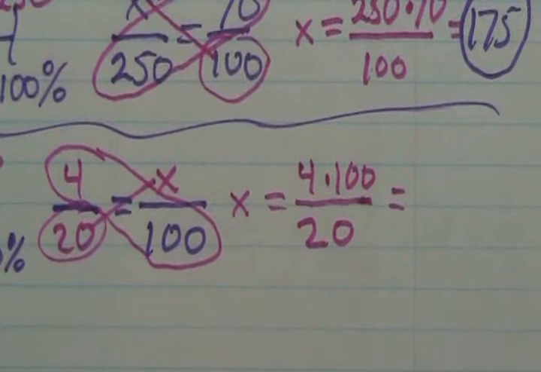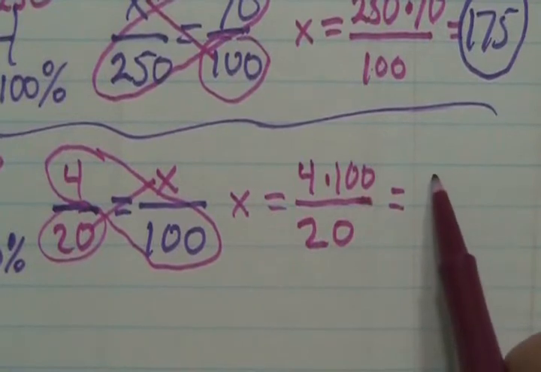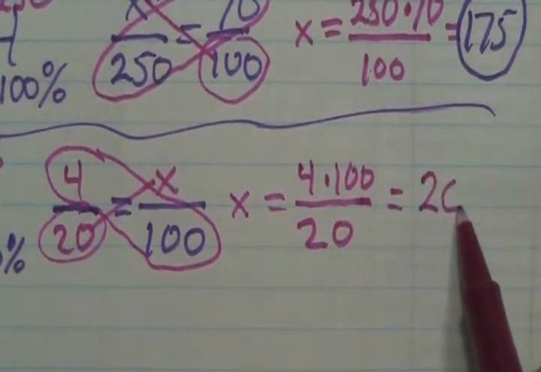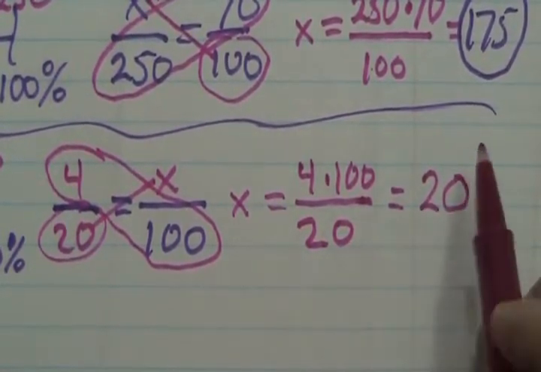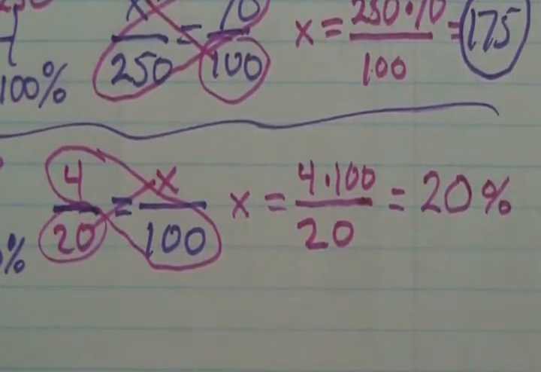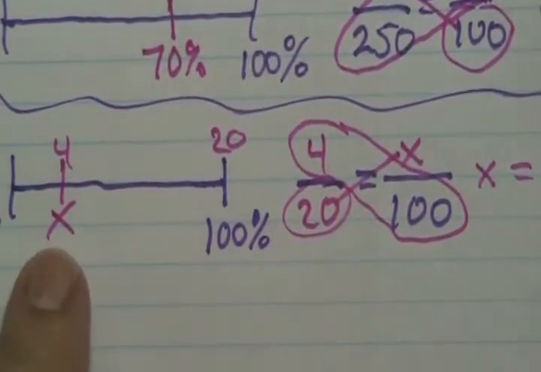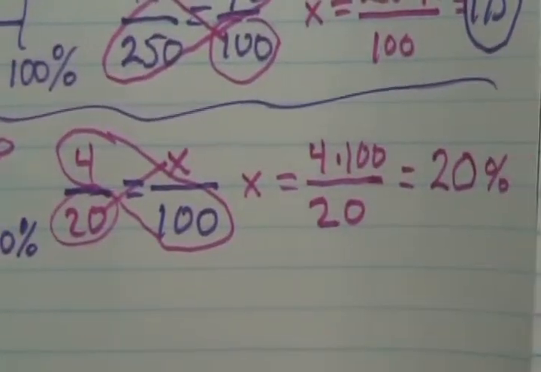So now we use a calculator, and I think you don't need one. 20 goes in there 5 times. 5 times 4 is, I think our answer is 20. The answer is 20%, because it's asking for a percent number, right? What percent? The answer is 20%.